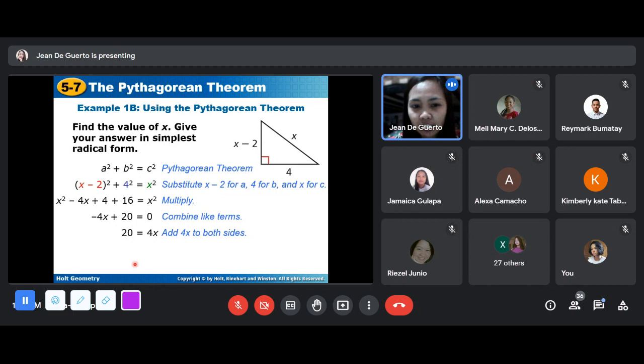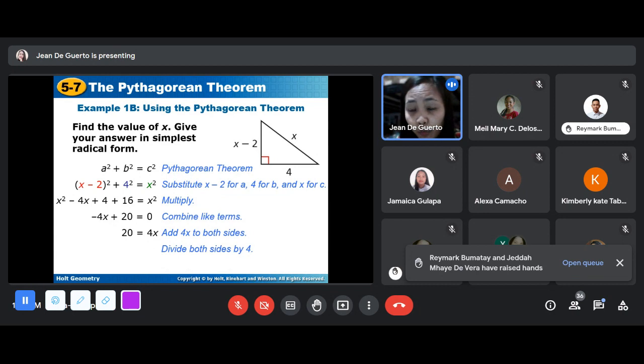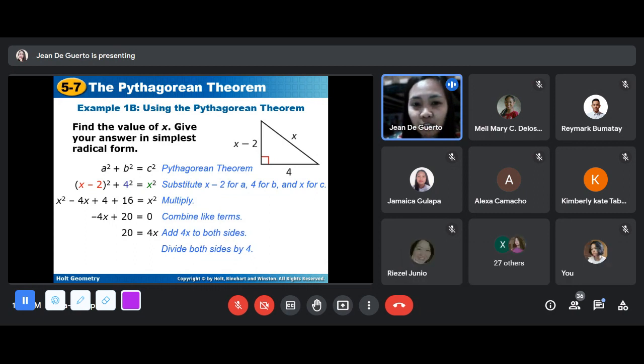So therefore, what would be the value of our x? Yes. 5 po. Okay, so if x is 5, what will be the length of the leg?